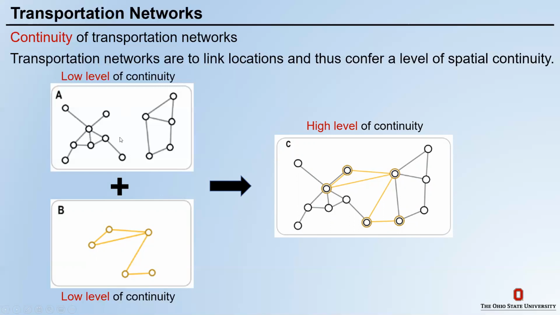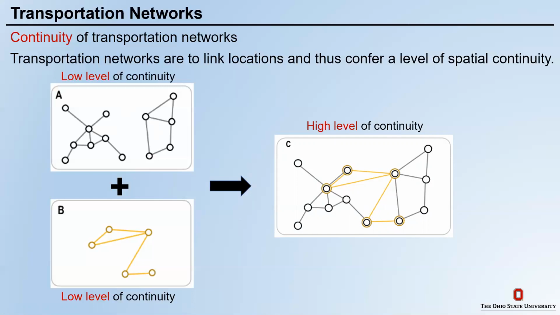Originally, these three networks are okay in their continuity within, but they are separated from each other, especially the two networks in graph A. But now we use the network from graph B to connect the two networks from graph A. So now we have a high level continuity transportation network.